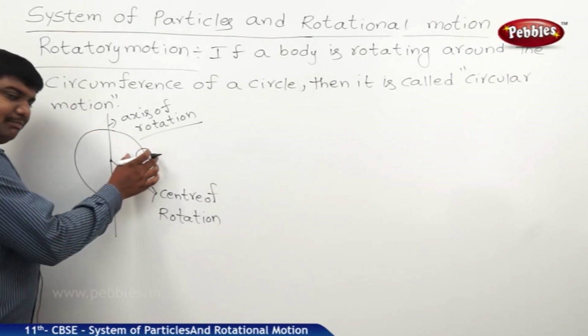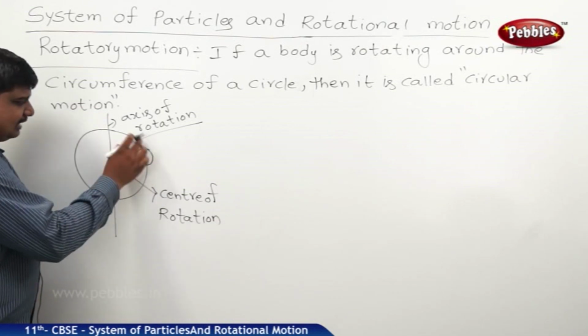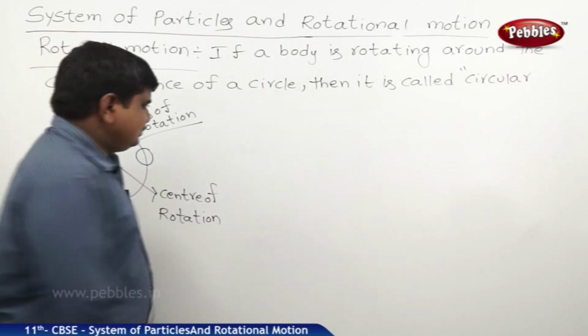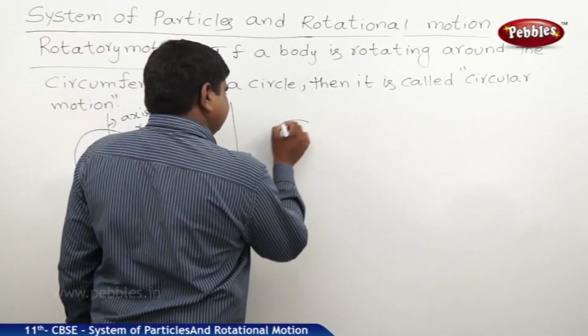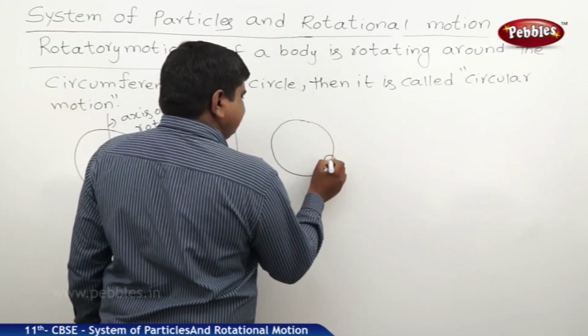But the same body, for one given time, will be at one position. For the next interval of time, it will be in another position if it is moving on the circular path. So it will be like this. Initially, the body is at this position.